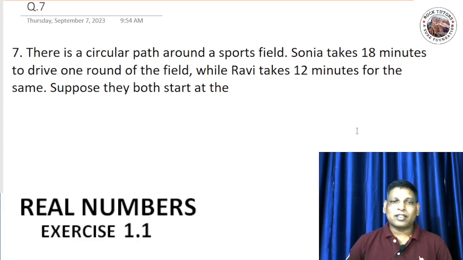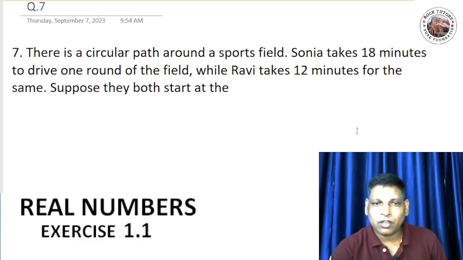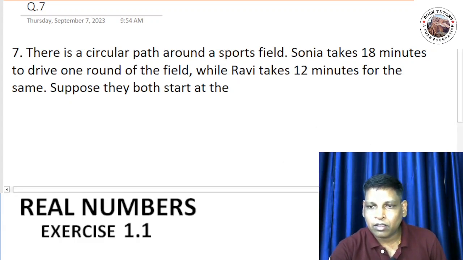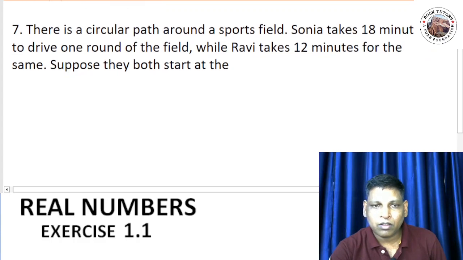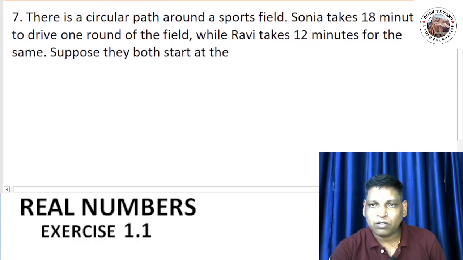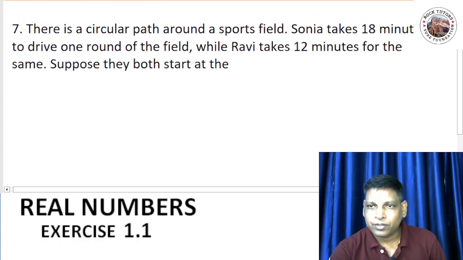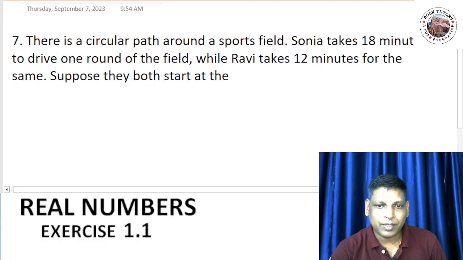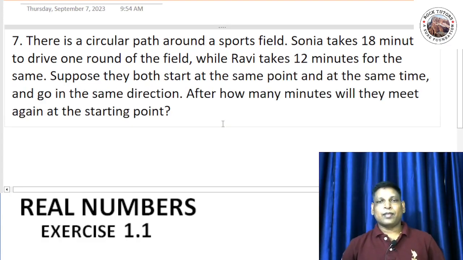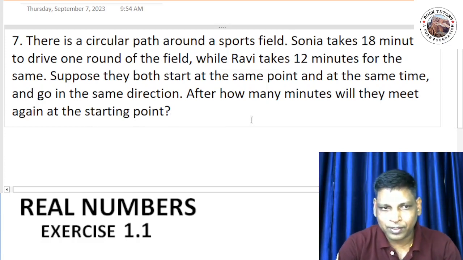Suppose they both start at the same point and at the same time and go in the same direction. After how many minutes will they meet again at the starting point? This is the question.